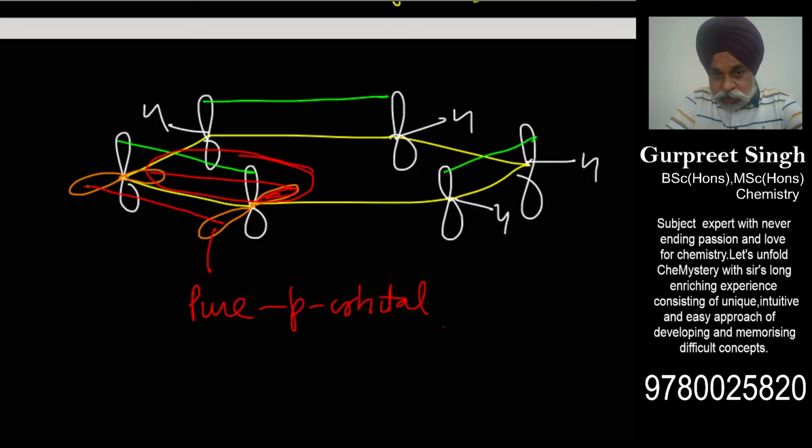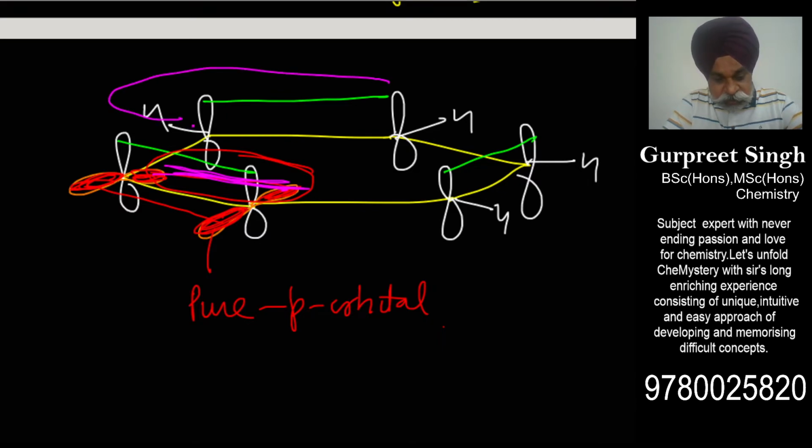This would go into the benzene as well as come out of it, and this also would go into it and come out of it. Now the orbitals which are going into the benzene would create a lot of repulsion, because there is already a good amount of electron density above and below the plane of the benzene ring.